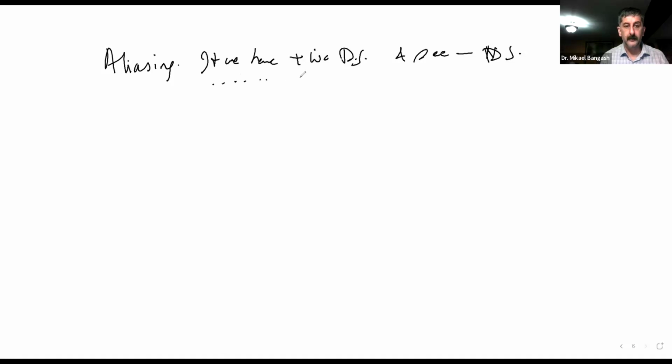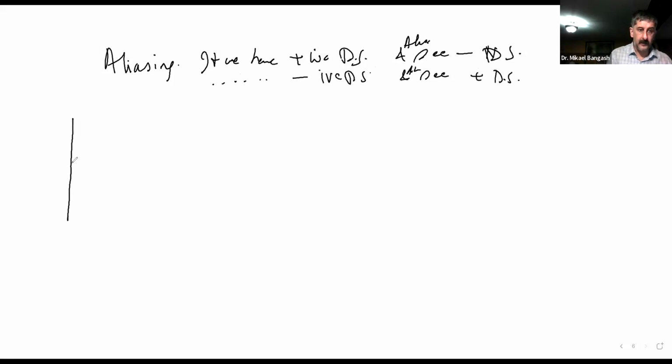Or, on the other hand, if we had a negative Doppler shift and also see a positive Doppler shift. Clear?